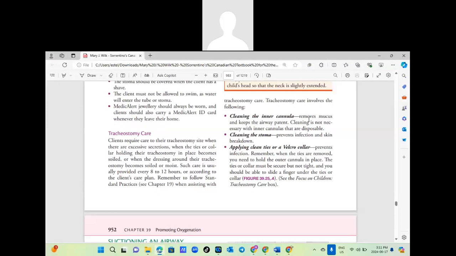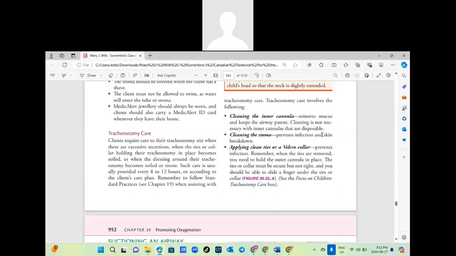Cleaning the inner cannula removes mucus and keeps the airway patent. Cleaning is not necessary with inner cannulas that are disposable. All you have to do is take it out, dispose, and put in a new one. But there are some cannulas that you need to clean. That's my experience: I have to clean and then put it back.